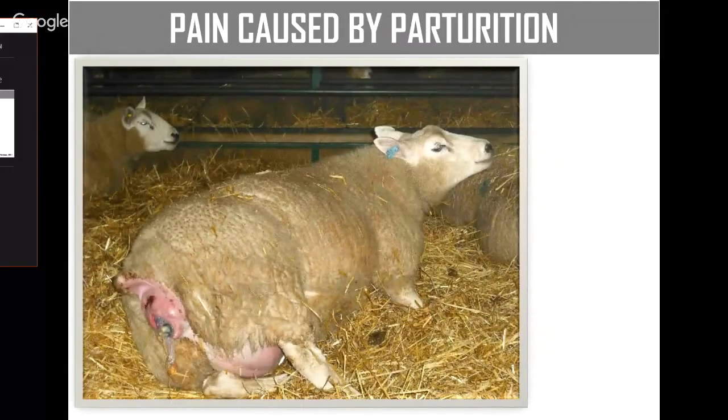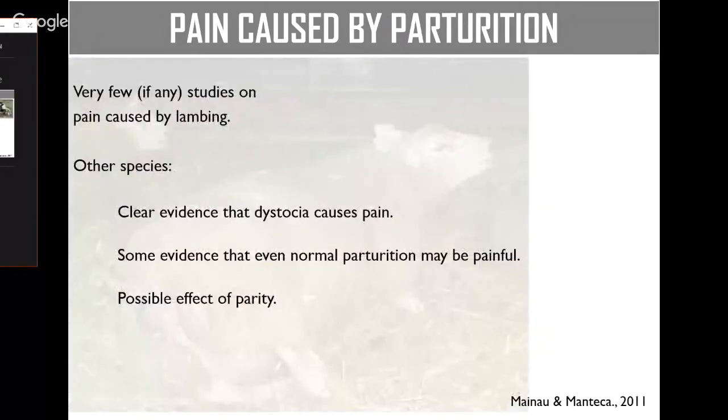And this is a rather interesting area, we believe, but unfortunately, there are very few, if any, studies on pain caused by lambing. If we look, however, at other species, I think there is very clear evidence that dystocia causes pain, and there is some evidence as well that even normal parturition may be painful, and possibly there is an effect of parity here.